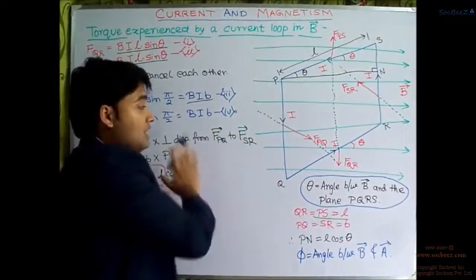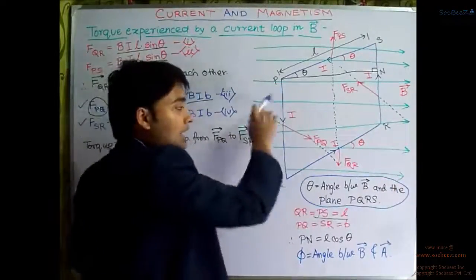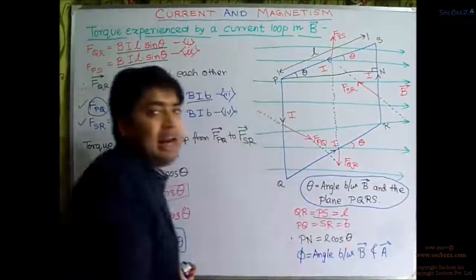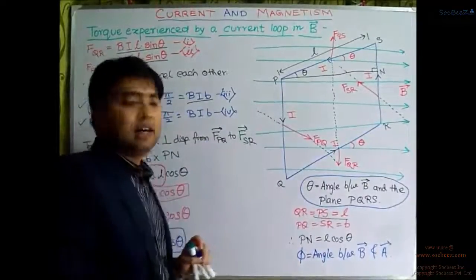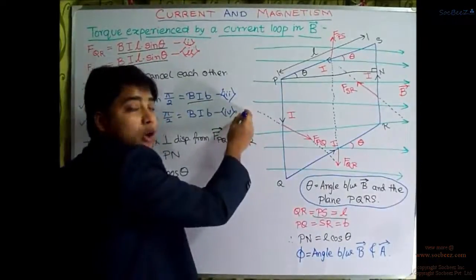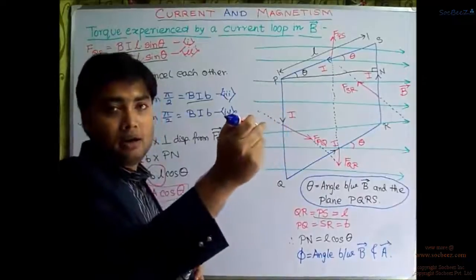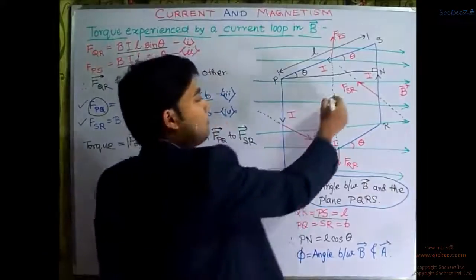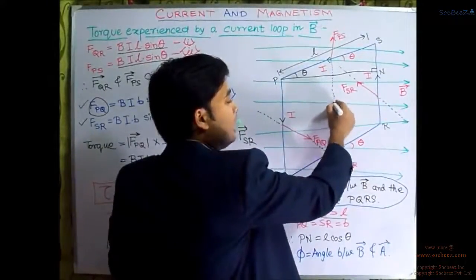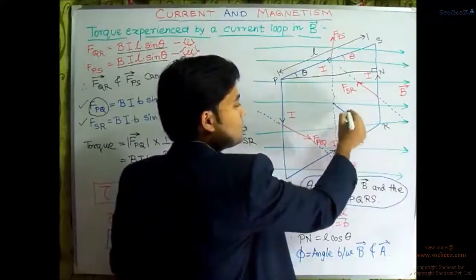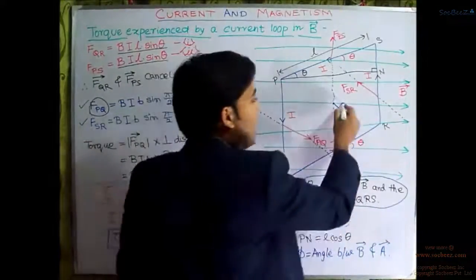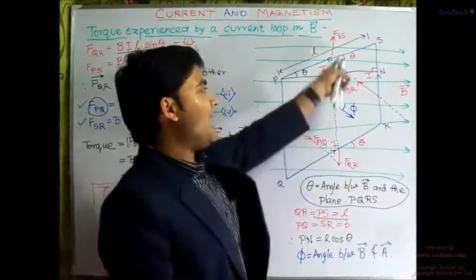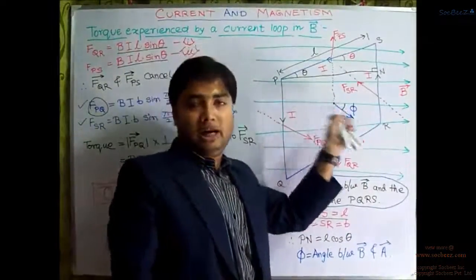We have regarded the angle between this plane and B. But if the angle is between B and A, where would be the area vector? The area vector shall lie normal to this plane, right? At that time, the area vector will be like this, coming towards zero, and this will be, for example, the phi. So this angle and this angle are completely different.